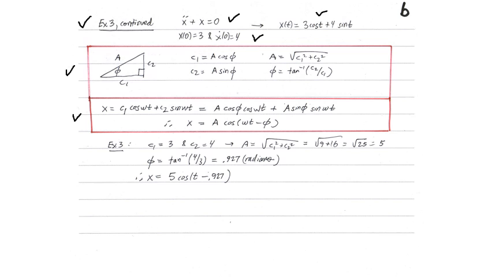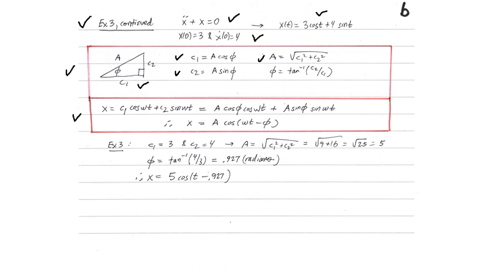these two boxes here. We can think of C1 and C2 geometrically as being the components of a vector with angle phi, which is going to turn out to be the phase shift, and amplitude A. So if we do a little bit of elementary trigonometry in this figure, C1 would have to be A cosine phi, and C2 would be A sine phi.